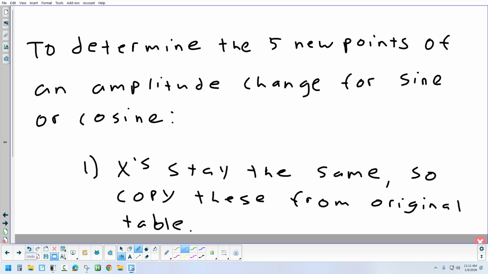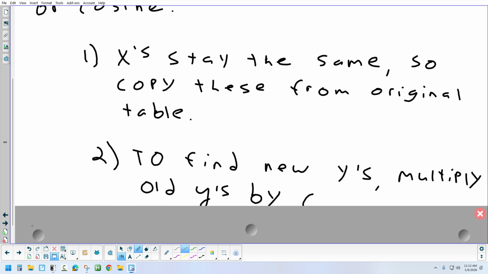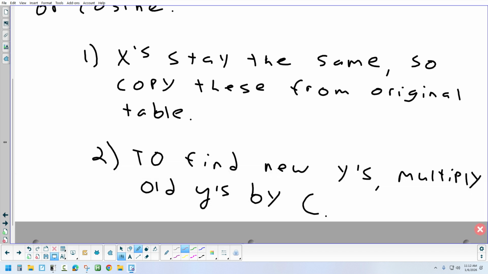If the x's are going to stay the same, then we know the y's are going to change. All we have to do to find the new y values is to take the original y values and multiply them by c, whatever the number was in front.